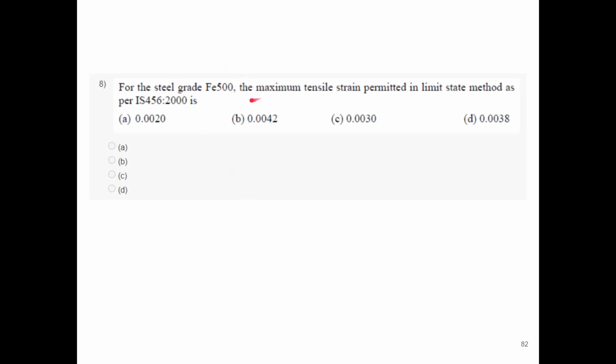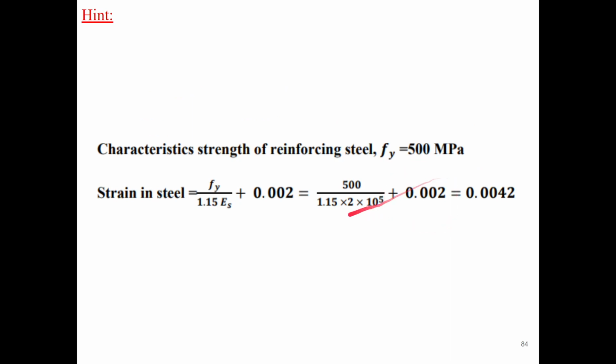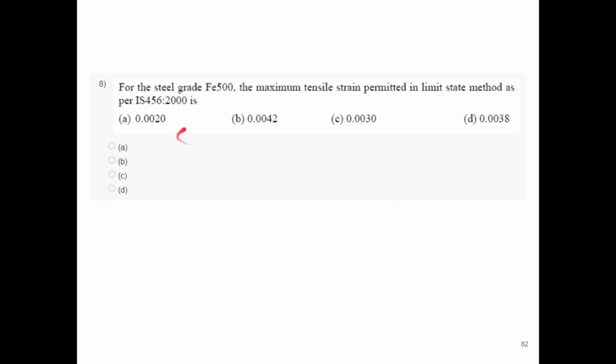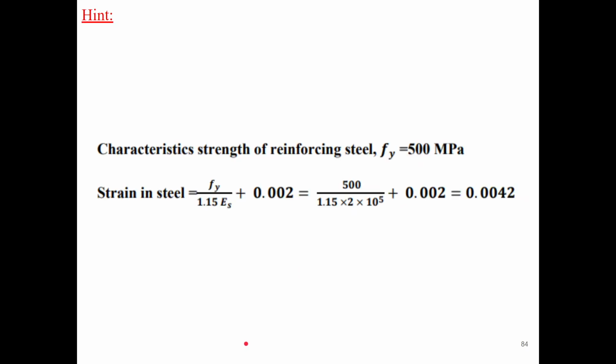Es is 2 into 10 to the power 5 megapascal and Fy is 500 megapascal, so it is 0.87 into 500 by 2 into 10 to the power 5 plus 0.002. Using this, we get the strain in steel as 0.0042. So B is the correct option.